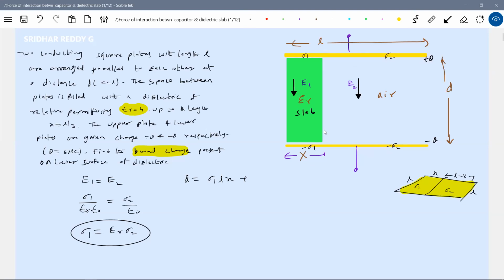That is equal to sigma 1 into L into x, plus sigma 2 into L into (L minus x). I think this particular diagram is going to really help you a lot. Then we will go for sigma 1, which is epsilon r into sigma 2: Lx, sigma 2 L square.